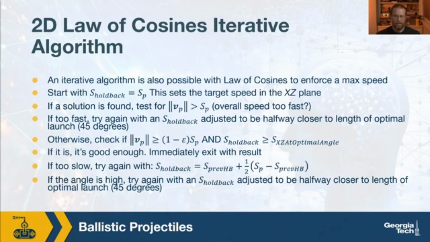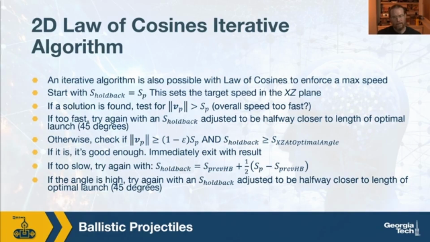So what we have to do is assess what that magnitude is. If it's too fast, then we want to run the algorithm again, but with a new maximum speed we're passing to it. It's kind of like our holdback algorithm where we just had the fixed holdback, except now it's going to be dynamic. So we're going to pass a holdback that is halfway closer to the length of an optimal launch in the xz direction.